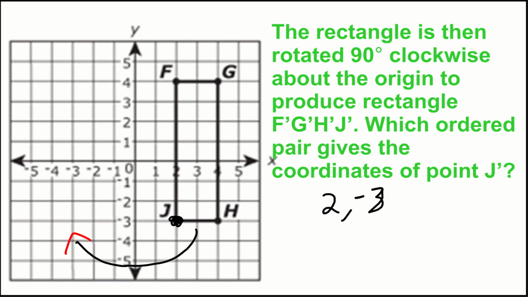What are the signs for quadrant 3? Negative, negative. And I have to switch the order on my numbers. So I'm going to have a -3 and a -2. Okay? Everybody kind of with me on that? So each time when you rotate, just make sure you're getting it in the correct quadrant and paying attention to those signs. And every 90 degrees, it's switching the X and the Y.